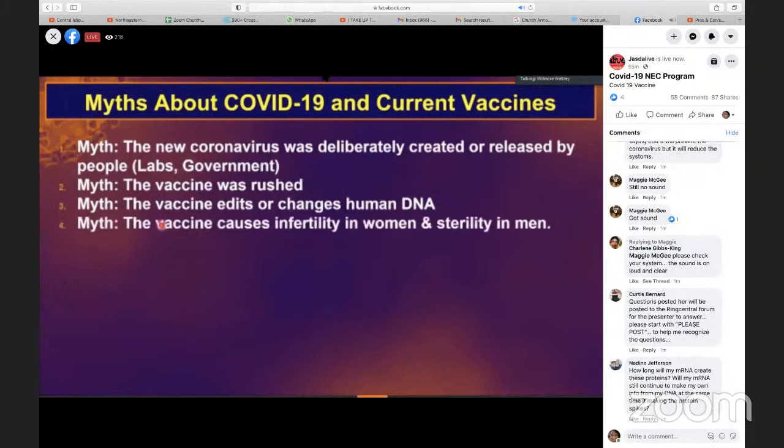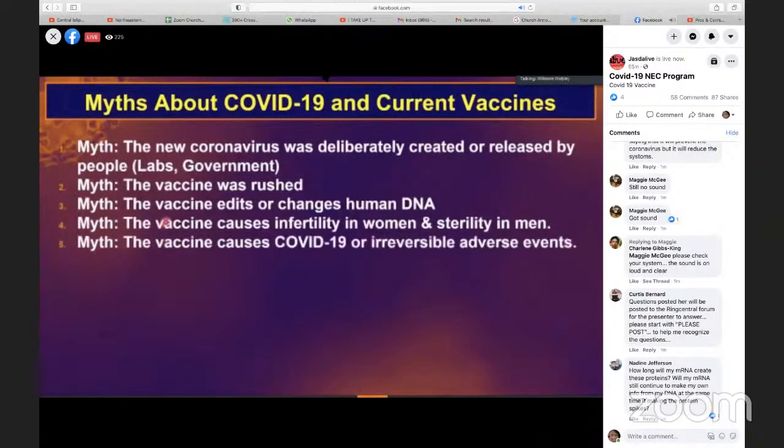So that's also something we can talk about. That the vaccine causes infertility in men and women, and sterility in men. Just not the case. When the vaccines were given out, it wasn't purposely given to pregnant women, but I think something like 23 women who got the vaccine became pregnant during the clinical trial. Okay, so there you go.